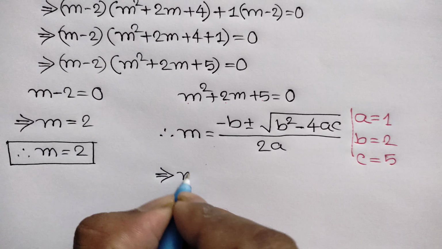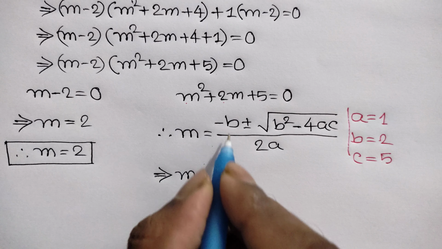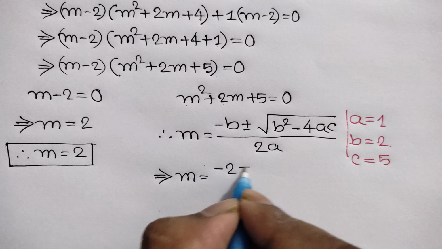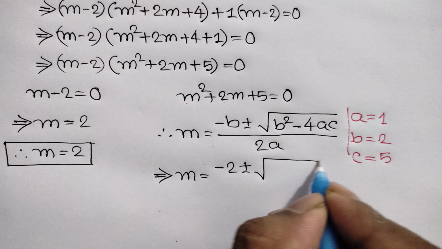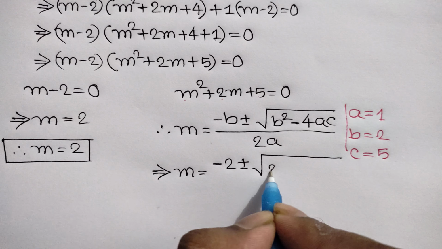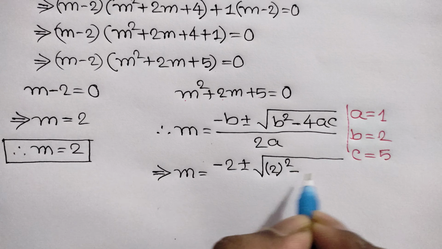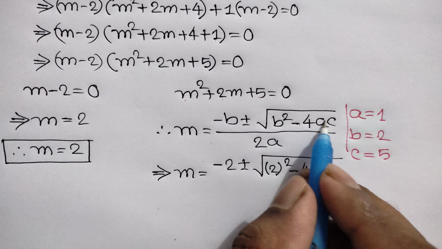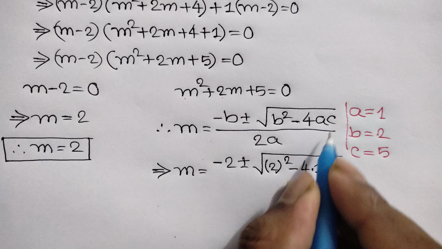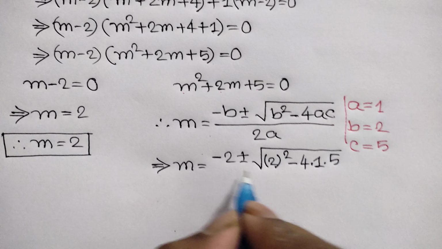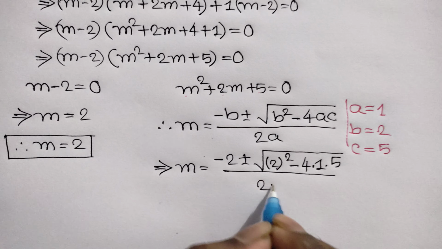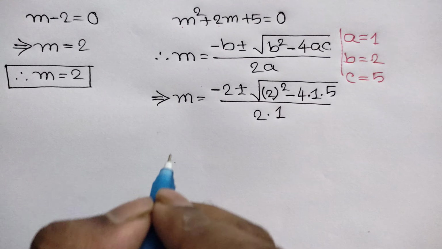Or m is equal to minus b, that means 2, plus or minus the square root of b is 2, so we can write here 2 square minus 4 times a is 1, times c is 5, over 2 times a is 1.